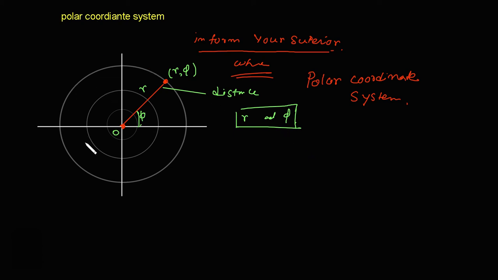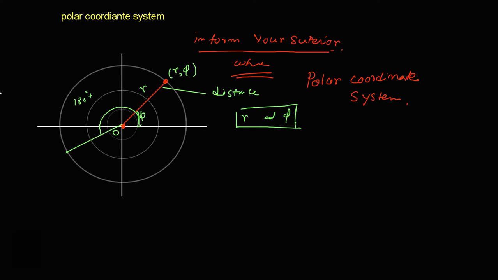So if the point is here, now the distance will be like this, and the angle will be from here to this. So you can see that it is 180 degrees plus, isn't it? More than 180 from here.